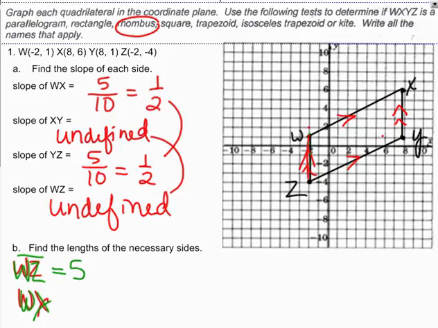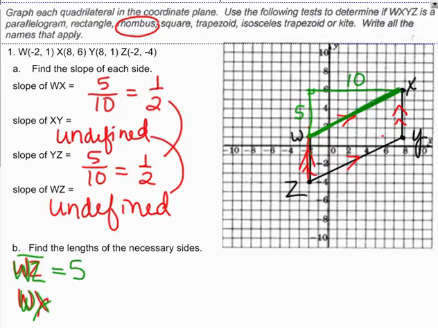So we're going to make our right triangle here. And we're going to count to see how far it is to the top here. That's 1, 2, 3, 4, 5. And this is 10. And that's going to allow us to figure out what this side is here.